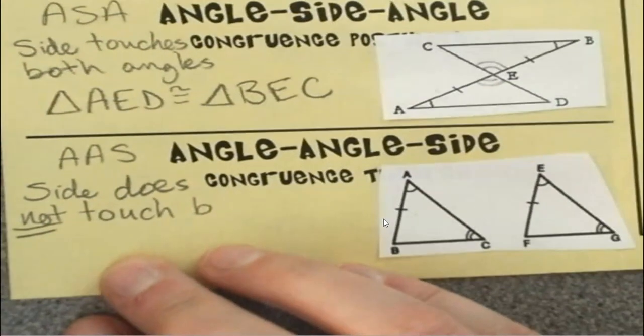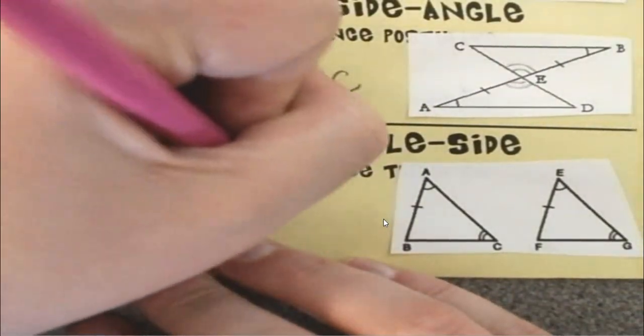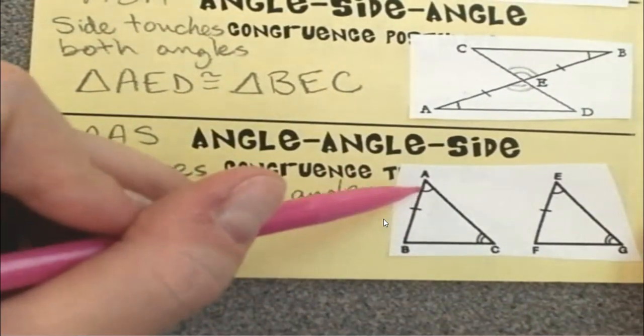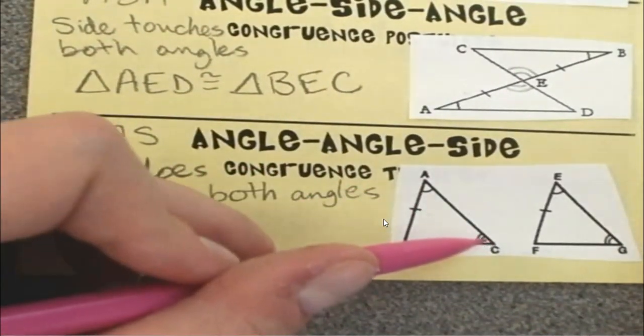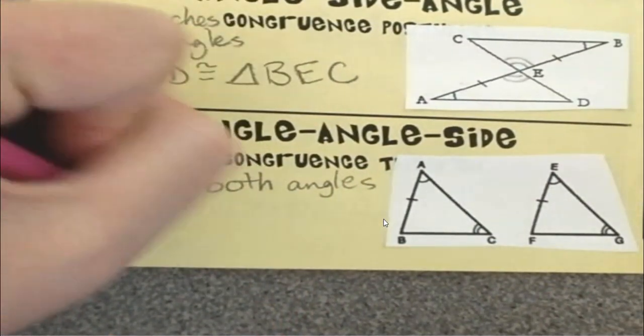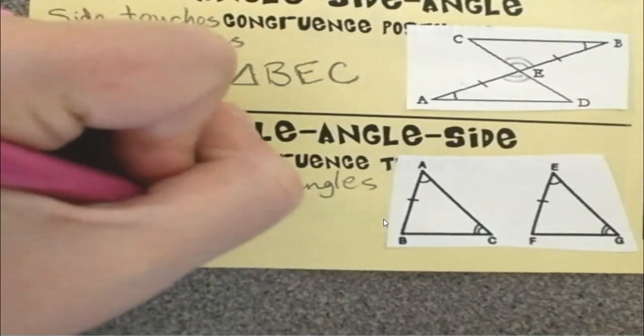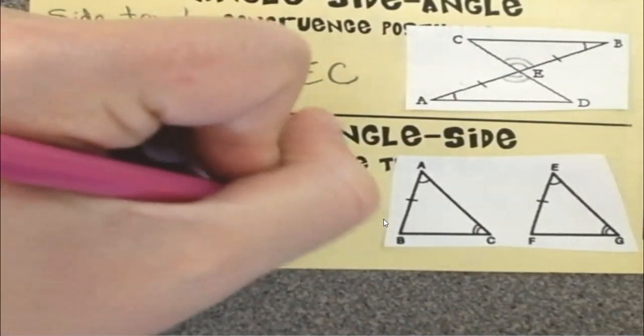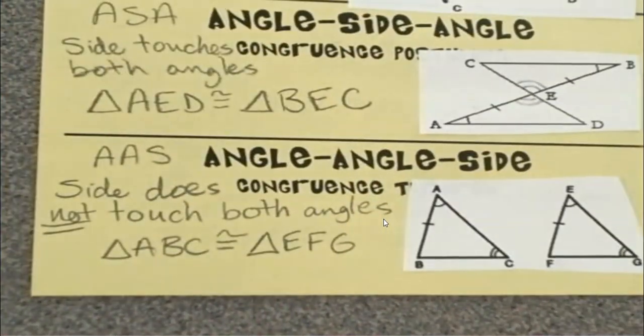And you may want to underline not touch both angles. You see the sides over here, and you see how this side touches one angle, but not this one over here? That's how you tell the difference. All right, triangle ABC is congruent to triangle EFG because of angle, side, angle.